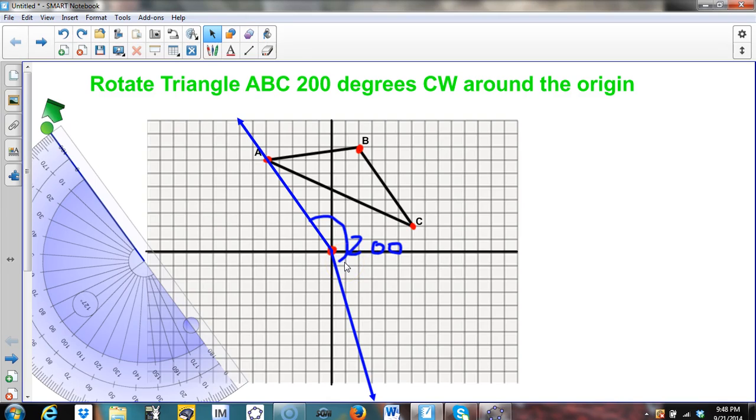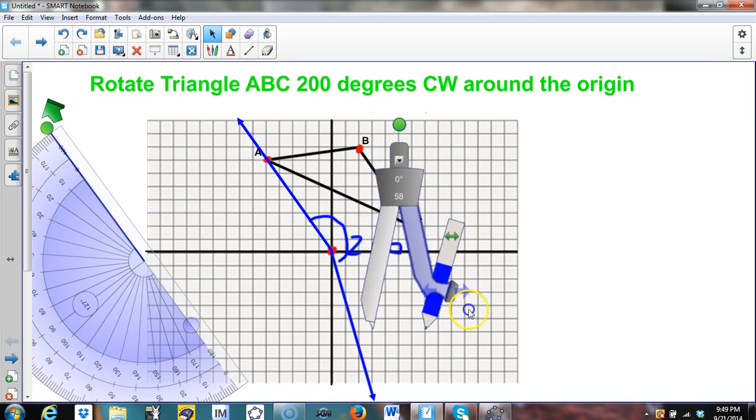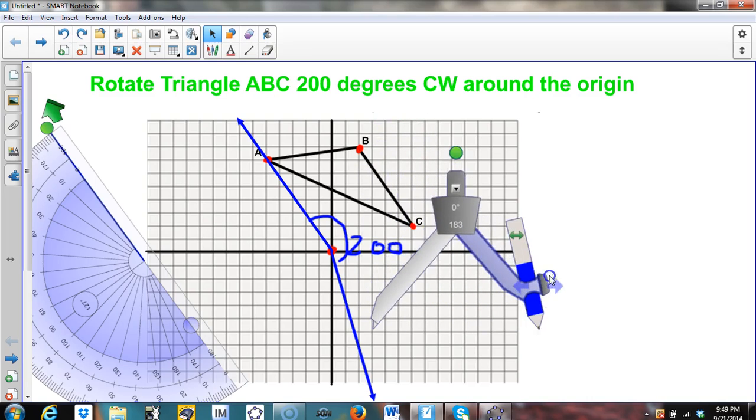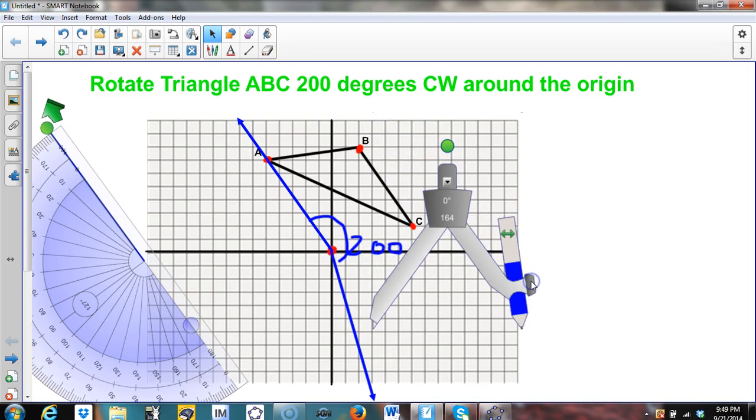We don't know how far from the center of rotation A is going to go yet, so that's why we use our compass, right? That's why we make circles, and I'm hoping you guys are starting to understand the whole concept of a radius, right? As I use my compass and set a distance, that's going to make a circle with this distance as the radius.